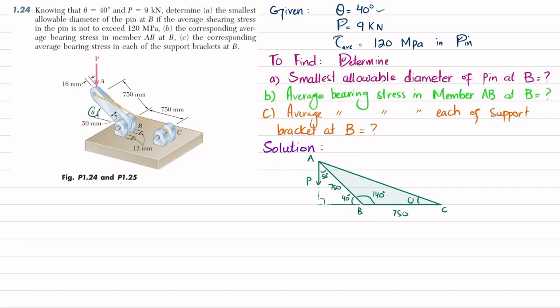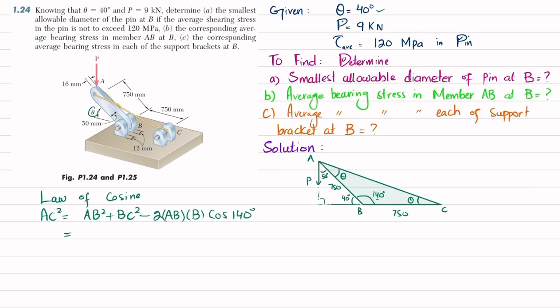We do not know this angle and this angle, so we will use the law of cosines. If you want to find AC, then AC square will be equal to AB square plus BC square minus 2 times AB into BC into the cosine of the angle between them, which is 140 degrees.